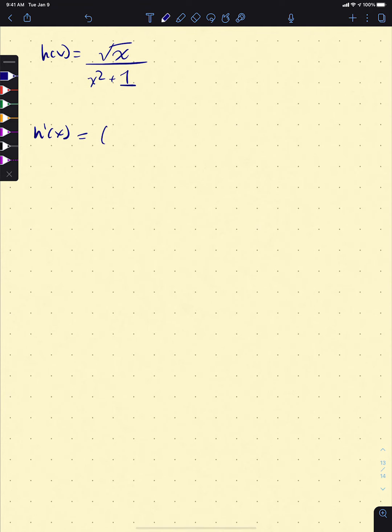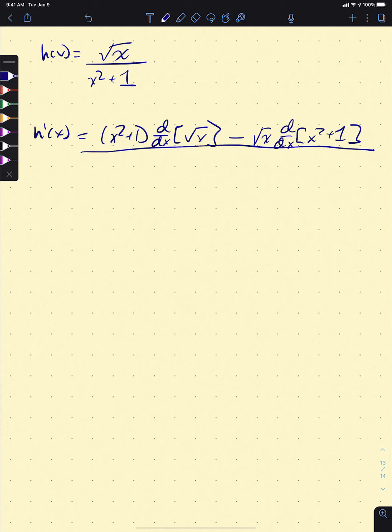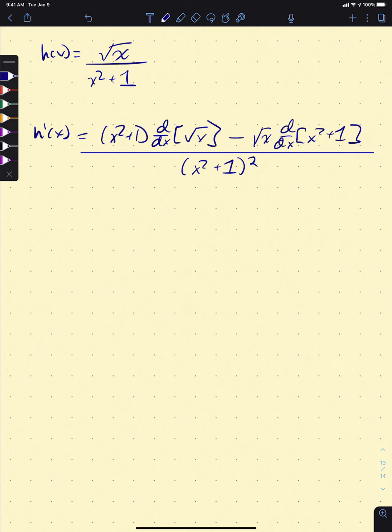Okay, we're going to have low d high minus high d low all over low low. Okay, and let's work this through a bit at a time.